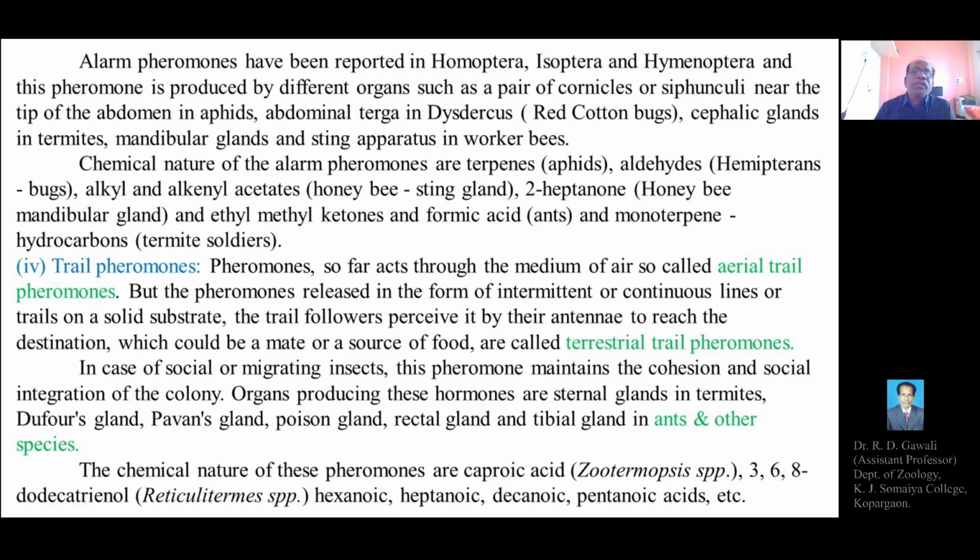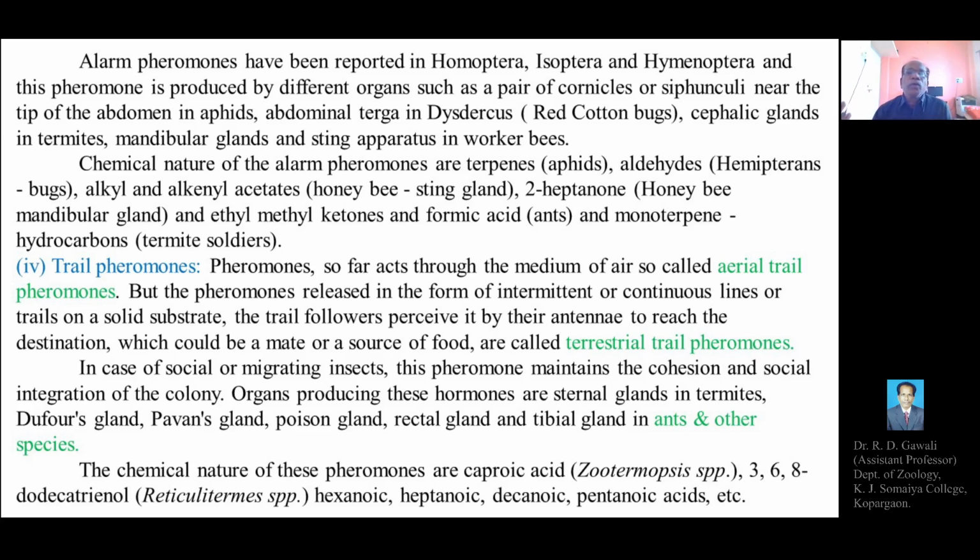Chemically, the alarm pheromones are terpenes in aphids, aldehydes in hemipterans, that is bugs, then alkyl and alkenyl acetates in the case of honeybee sting glands, then 2-heptanone in honeybee mandibular glands. So the honeybee mandibular glands secrete an alarm pheromone which is chemically 2-heptanone, and the sting apparatus secretes an alarm pheromone containing alkyl and alkenyl acetates.